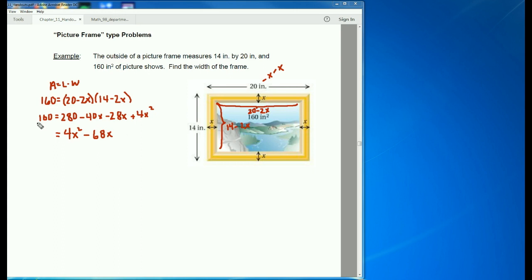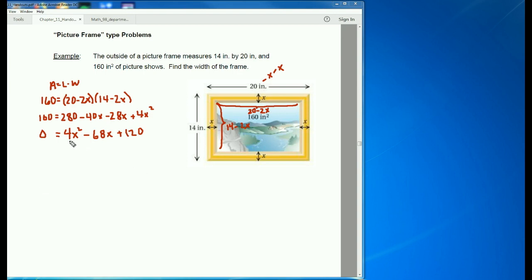And then we want to subtract 160 from both sides. So minus 160 minus 160 on this side gives me plus 120. And that is all equal to 0, which is exactly what we want.